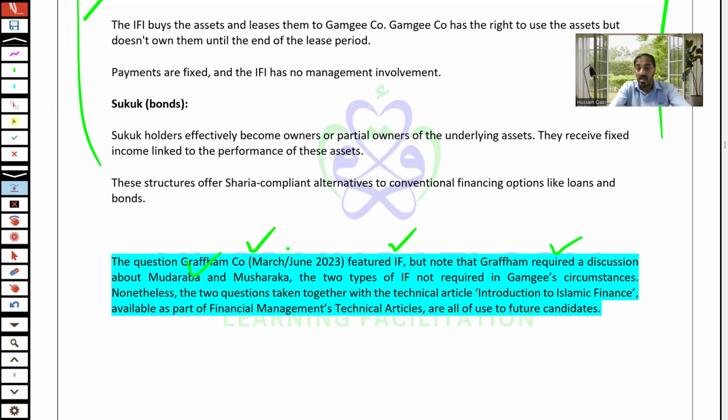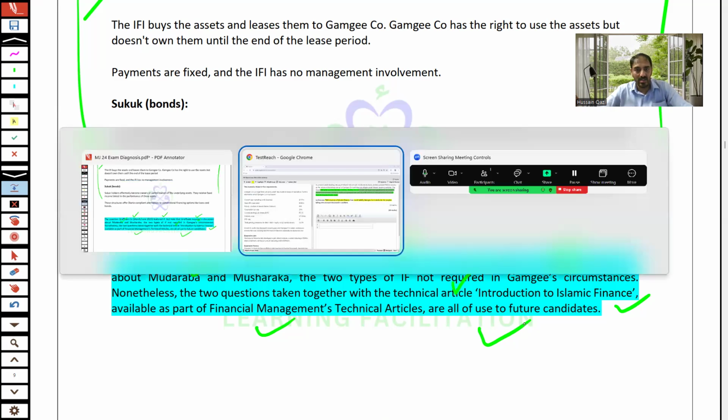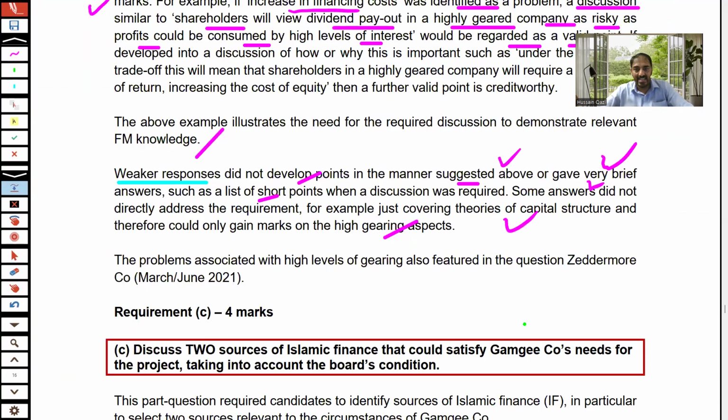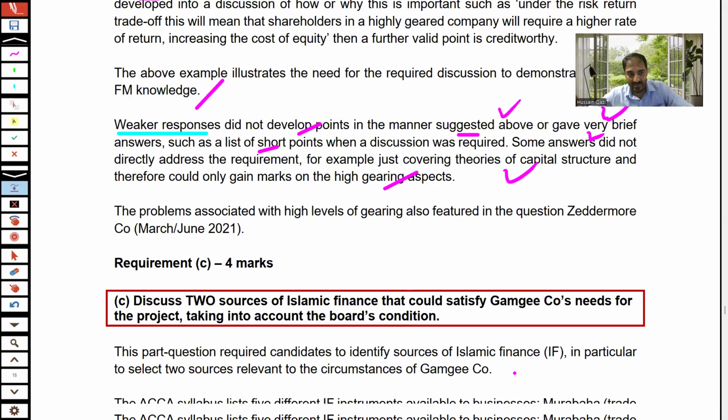The two types of Islamic finance are not required in the Gamgee circumstances. Nonetheless, the two questions taken together with the technical article, Introduction to Islamic Finance, available as a financial management article, are all useful to future candidates. So that's one key point. Let's diagnose the examiner's report as well.